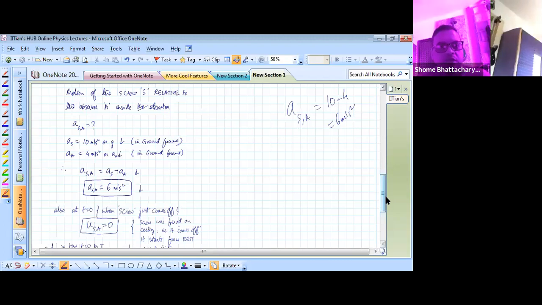Yeah, Advait, I'm explaining how the acceleration of the screw will become 6 meters per second square.